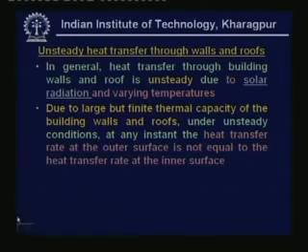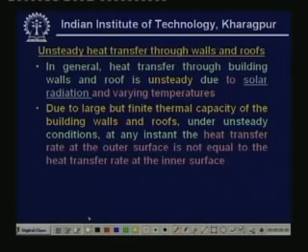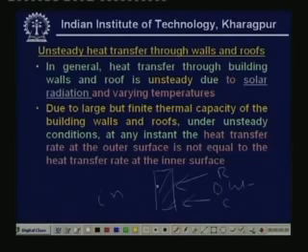What it means is, if you have the wall, let us say, this is outdoor, this is indoor. So heat transfer is taking place to the outer surface of the wall by radiation and also by convection. Similarly, heat transfer is taking place from the inner surface of the wall by radiation and convection.